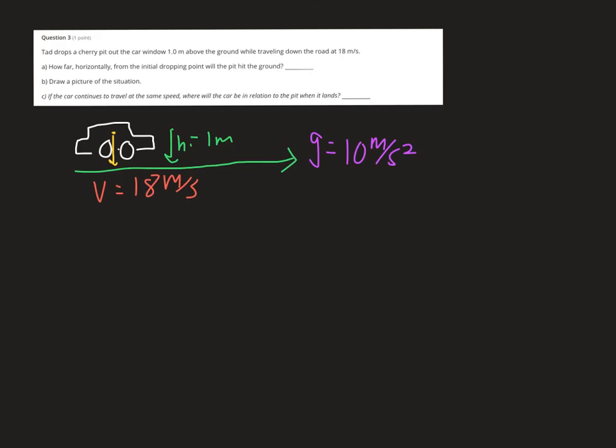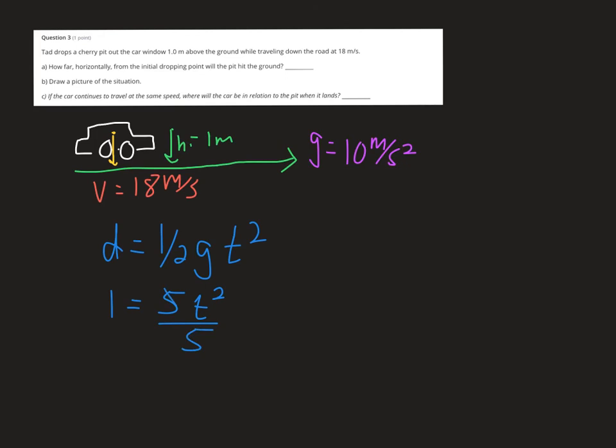What we have to look at then is utilizing again the equation: distance is equal to 1/2 g t squared. Given that the distance is 1, I take gravity and take 1/2, and then I have 5 t squared.